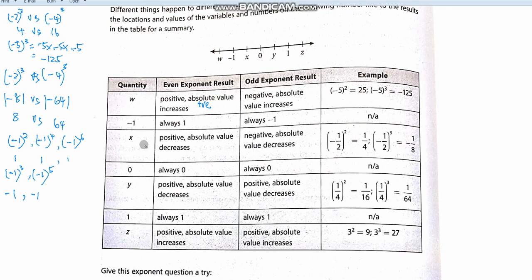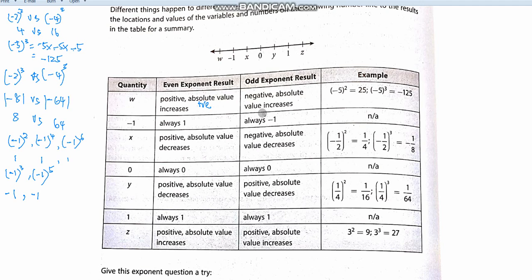Now x. X is a value between 0 and minus 1. For example, minus half, minus 3 over 4, minus 1 over 3, minus 2 over 5. Now, if you have an even exponent, as usual, minus times minus becomes positive, so it's always positive.